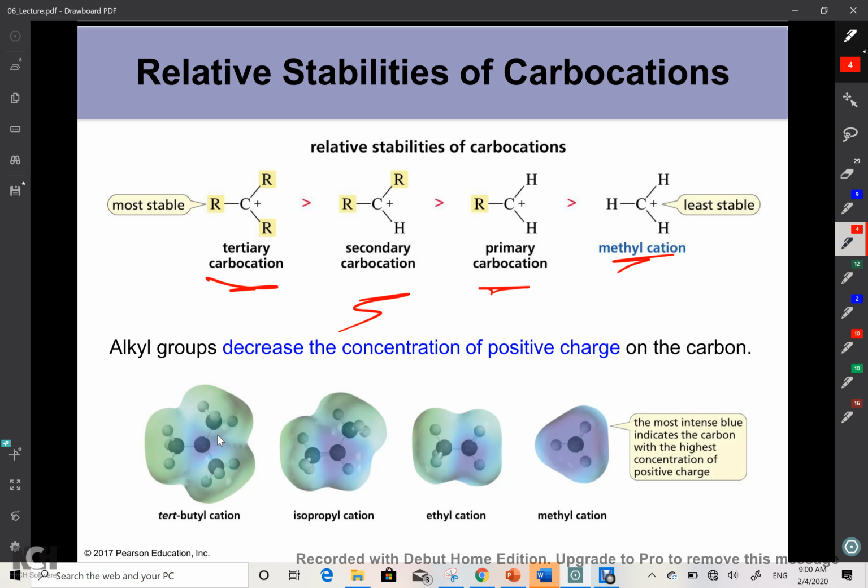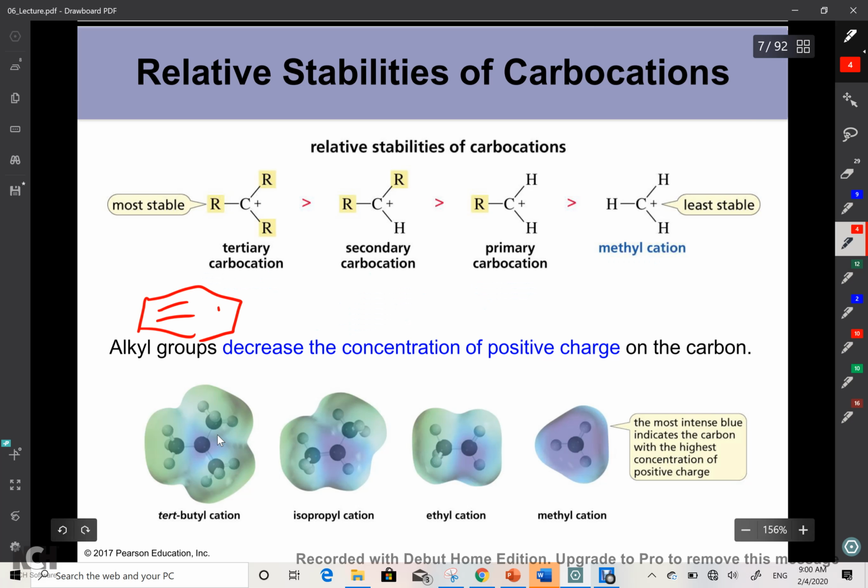If I want to compare between these carbocations, carbocation A and carbocation B, which one is more stable?